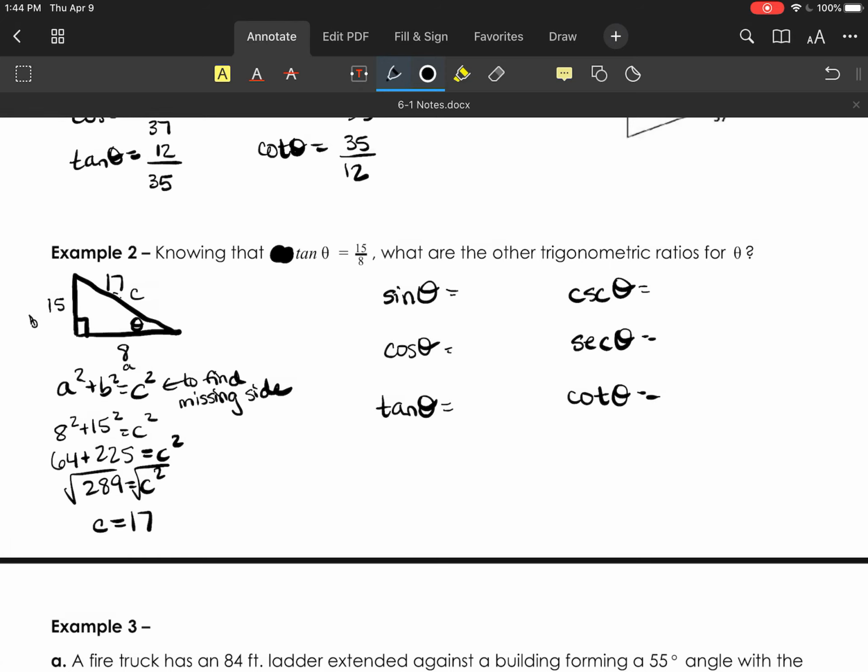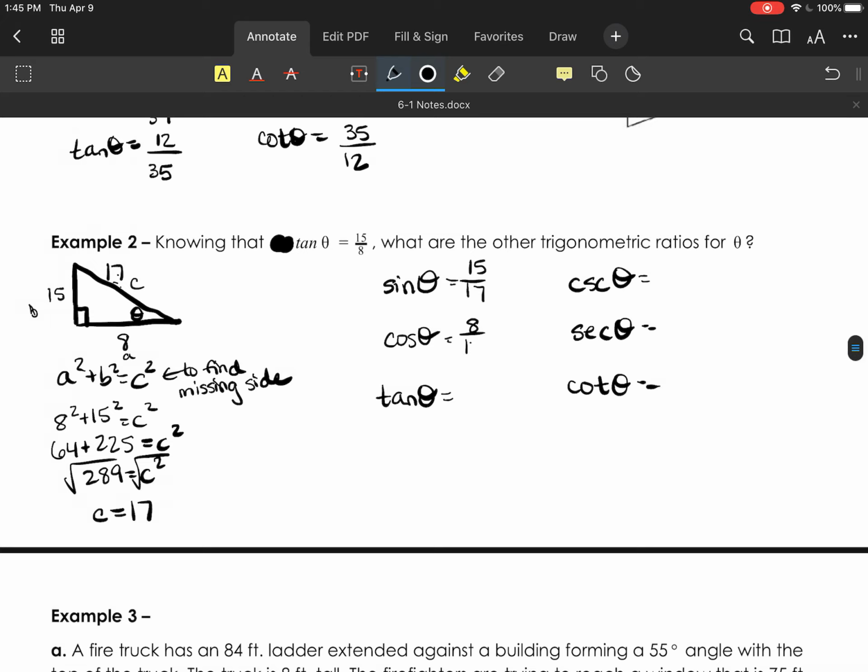All right, so starting off with sine, SOHCAHTOA. So is opposite over hypotenuse. So my opposite side would be 15. My hypotenuse is 17. So I have 15 over 17. Cosine would be my adjacent over my hypotenuse. So 8 over 17. My tangent would be opposite over adjacent.